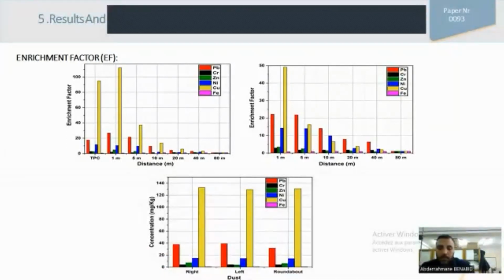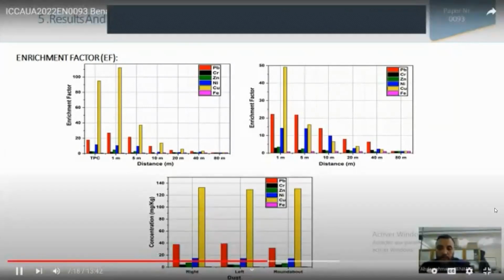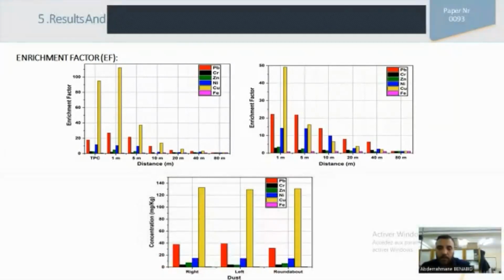Elements with enrichment factors ranging from moderate to high to extremely contaminated reflect the high anthropogenic load of these metals in the study area.